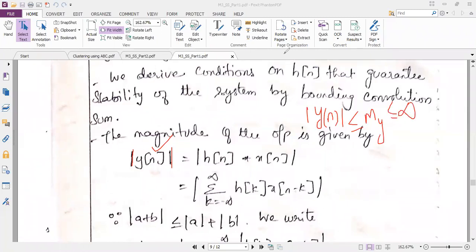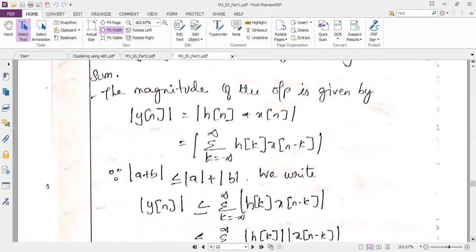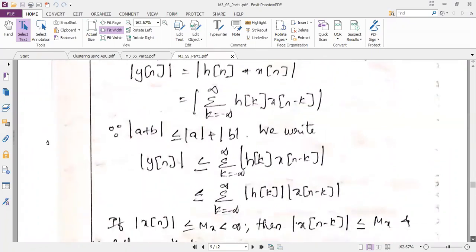So this is the convolution equation in terms of magnitude only. Magnitude of y of n is equal to magnitude of h of n convolved with x of n. We know how to expand it: summation k equal to minus infinity to plus infinity h of k, and we are shifting the input signal x, so it is x of n minus k.